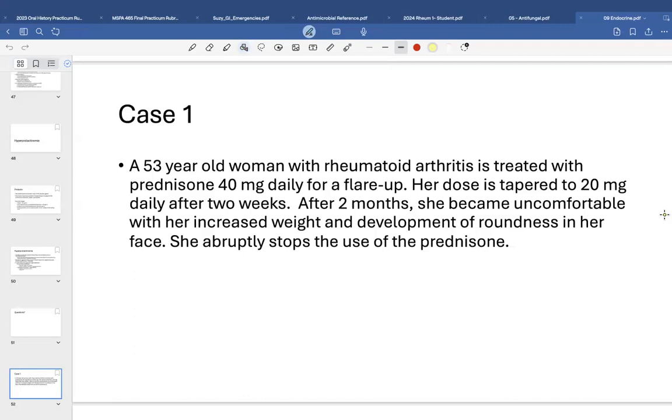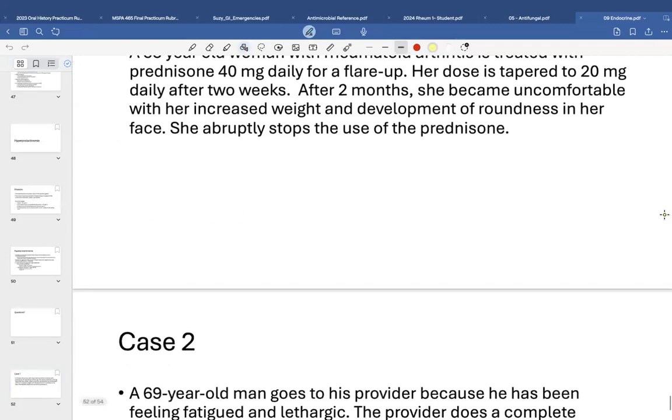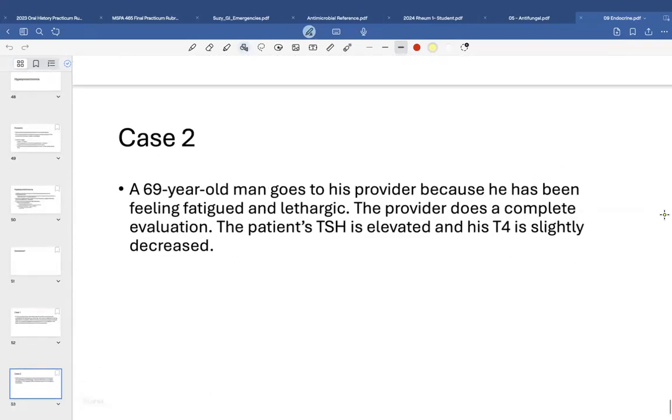A 69-year-old man goes to his provider; he's been feeling fatigued and lethargic. The provider does a complete evaluation: the TSH is elevated and T4 is slightly decreased. Okay, your diagnosis is what? Fatigue, lethargy, elevated TSH: hypothyroidism. And what is your first treatment? Synthroid.